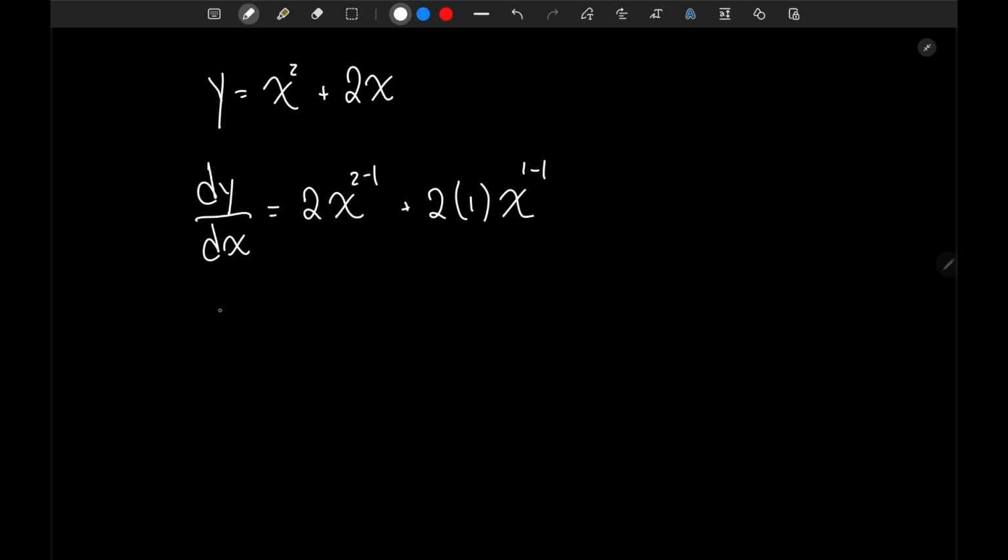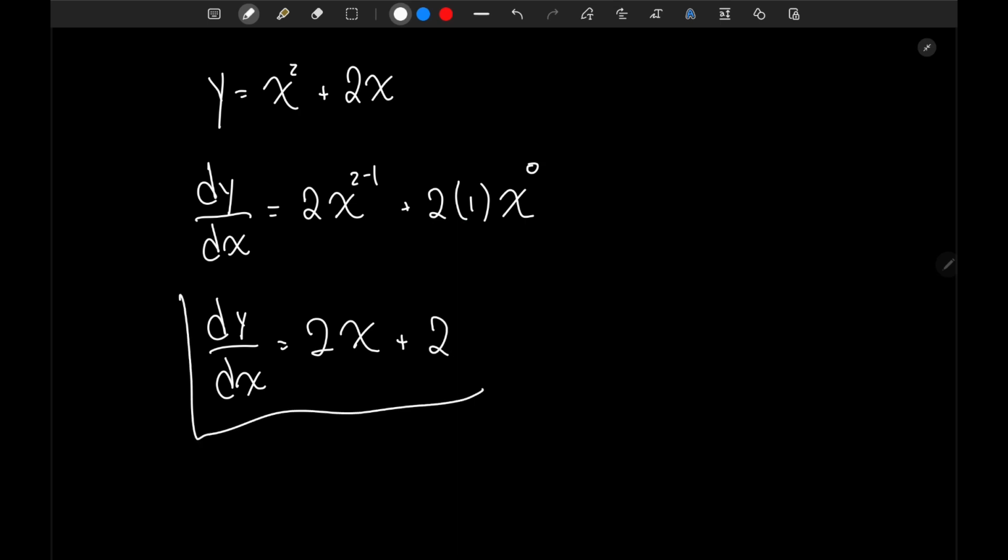So we can rewrite this as dy over dx is equal to 2x to the 1, and we don't have to write the 1, plus 2 times x to the 0, which is just going to be 1, so it's just going to be 2. And there's our final answer.